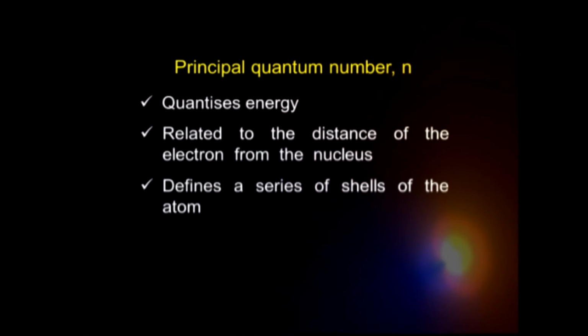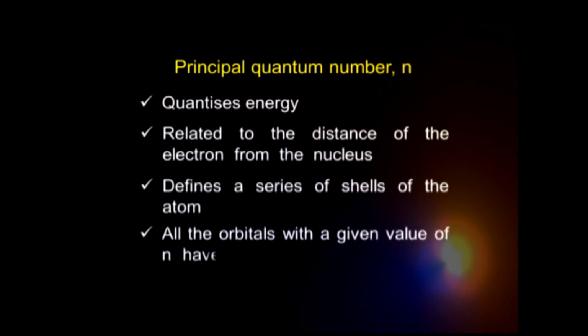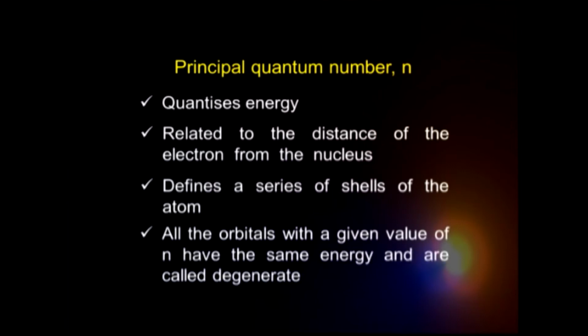In an atom, we have a nucleus and different shells, and these shells are defined by the principal quantum number. So if n is equal to 3, I am talking about the third shell outside the nucleus. And all the subshells, which we will come to when we talk about the quantum number L, have the same energy, and they are called degenerate.